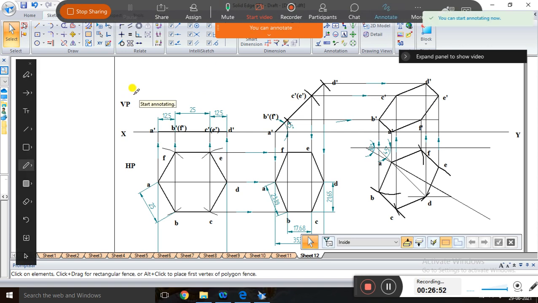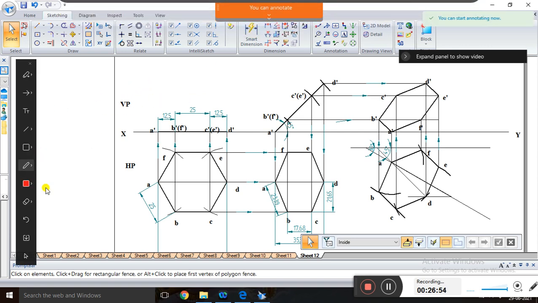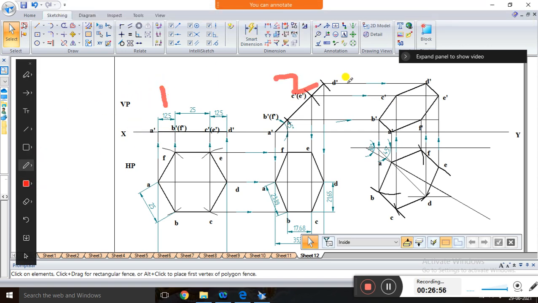See here, this is the first position, second position and third position. In the first position, corner opposite to corner, there is a corner in case of a hexagon, and we constructed the top view because it is resting on HP. Similarly, the second position is HP inclination of 45 degrees because it is resting on HP, and the third position is the beta angle because this is the diagonal.